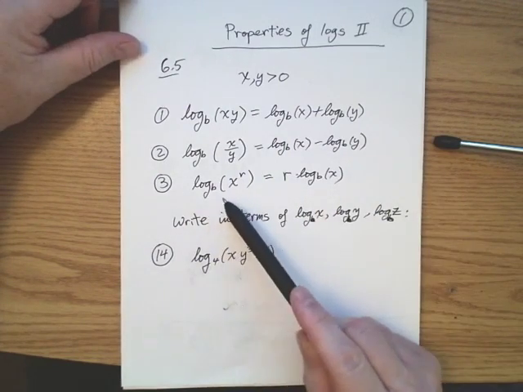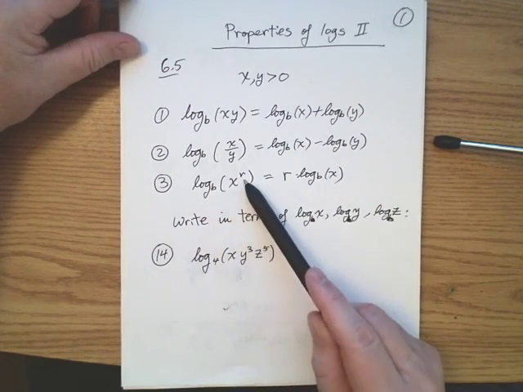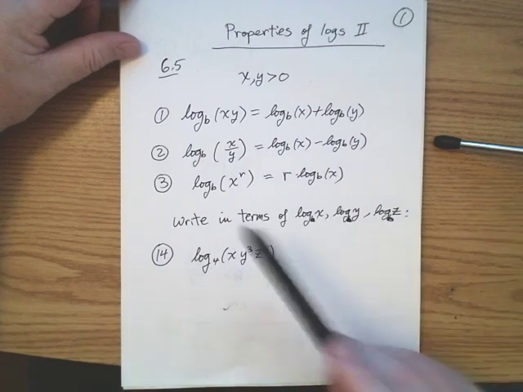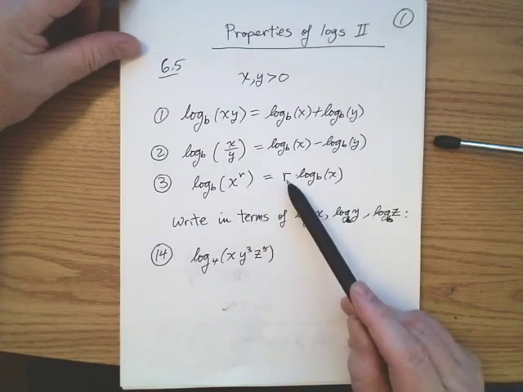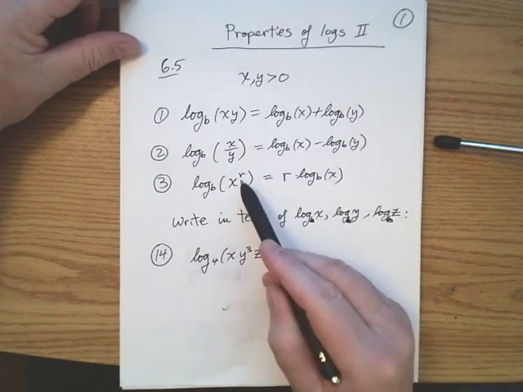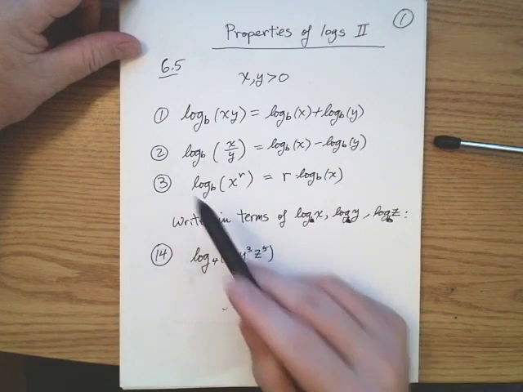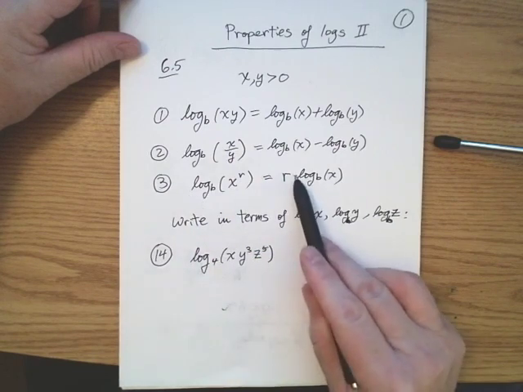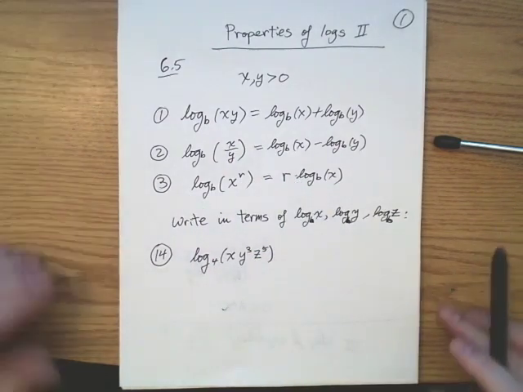The logarithm base b of the exponential x to the r, where r is any real number, can be written this way. It's equal to r times the logarithm base b of x. So you can actually bring that exponent r on the outside, and this is multiplication here, right?